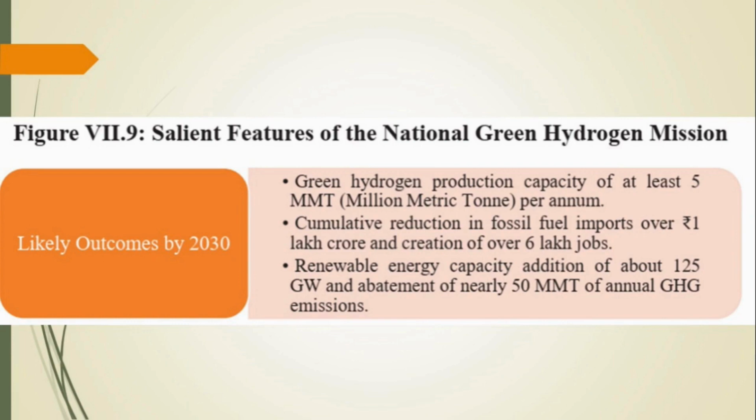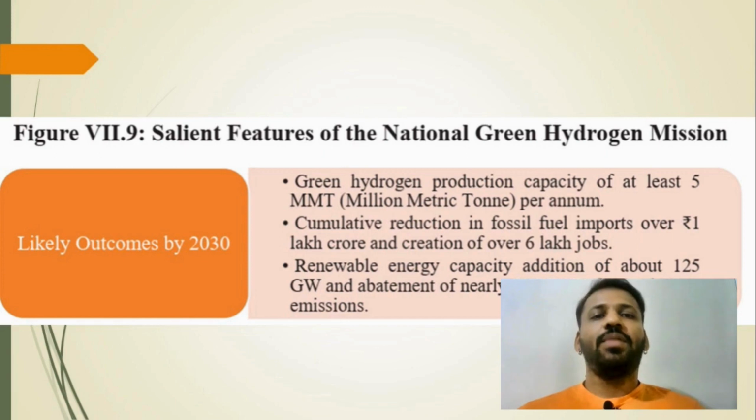So 125 gigawatt of renewable energy capacity is to be added, as well as what? 50 million metric tons of GHG or greenhouse gas reductions to be achieved. So these are the salient features of the green hydrogen mission. Very, very important from our prelims 2023 point of view.